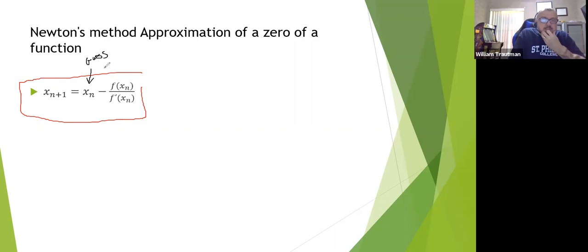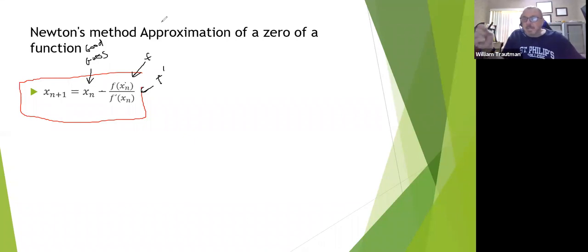So I'm going to start with x of n, a good guess. And then we have the function and then its derivative. So we guess and then we subtract the function divided by its derivative. Newton came up with this, and it's a pretty cool thing.